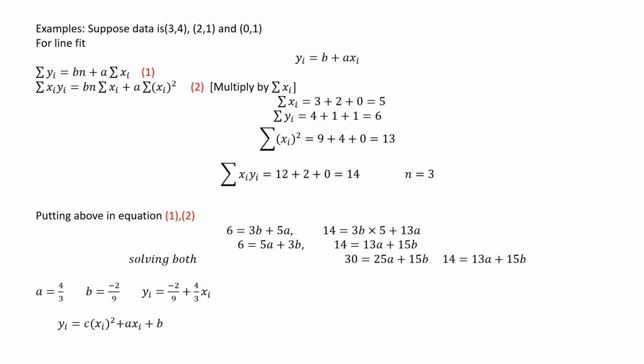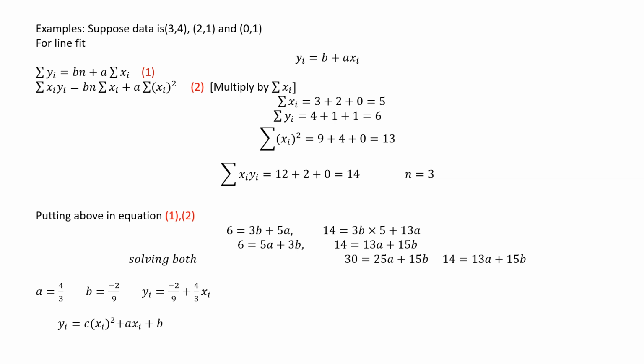Suppose that these are the points 3, 4, 2, 1 and 0, 1, and we have to fit the line yi equals b plus a xi. Wherever the points are given and we want interpolation, we can do it this way.